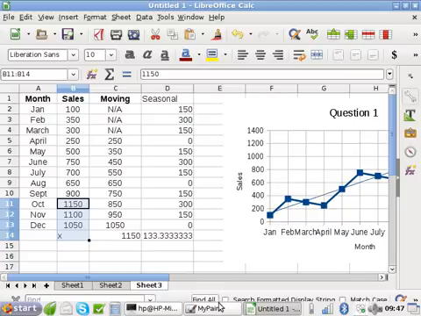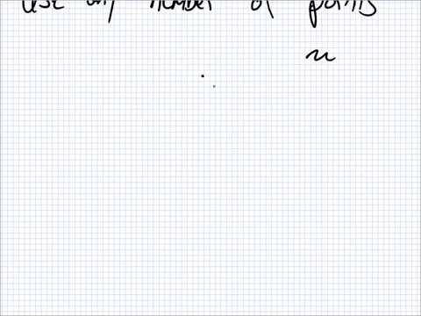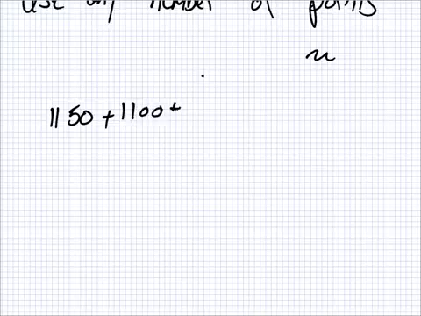Let's see what we got. 1150 plus, what was the next one? What was after 1150? And then next? 105?